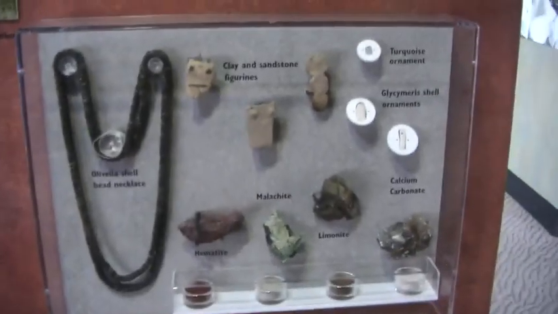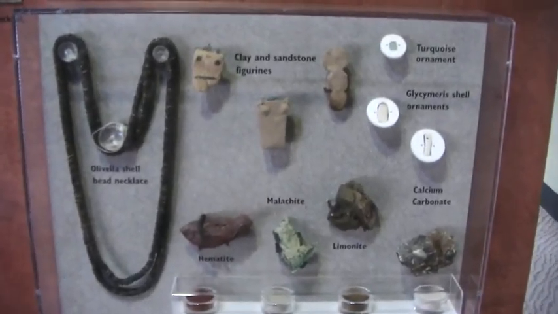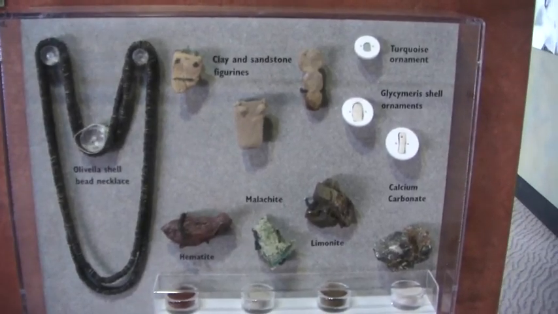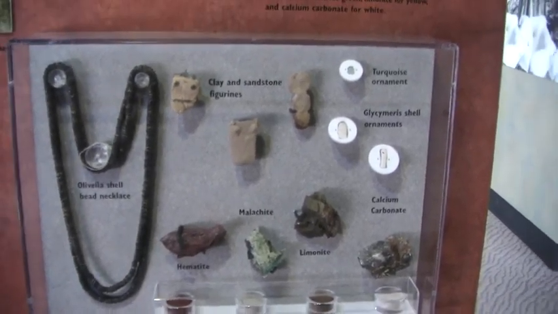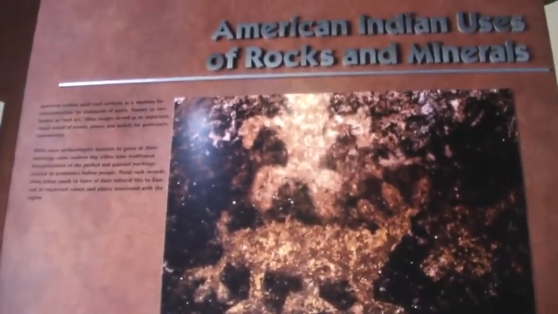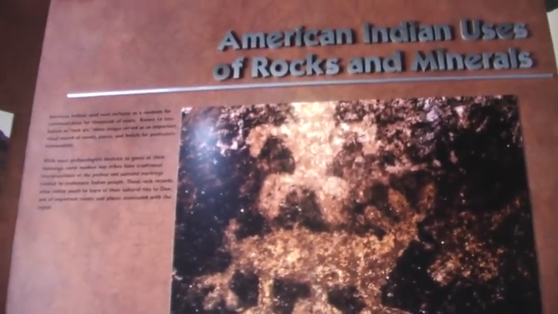American Indians used rocks and minerals. There are some examples. There's been turquoise and also some shell. So these were evidence of trade.